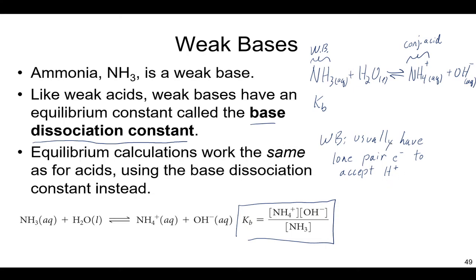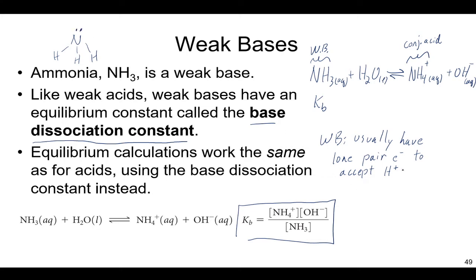So that's one way we might have a weak base, like NH3 here. If you drew out the Lewis structure, of course, this NH3 is trigonal pyramidal with this lone pair of electrons. And that is what accepts the H+ and creates then a bond with that hydrogen.